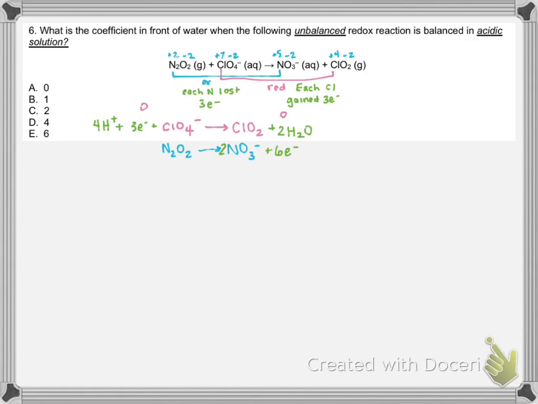Okay, now we'll have to do our oxygens and hydrogens on the bottom. So we can see on the left we have 2 oxygens, but on the right we have 6 oxygens. So we're going to have to add 4 waters to this side. Okay, but now we have to deal with our hydrogens, so I'll add 8 protons over here.